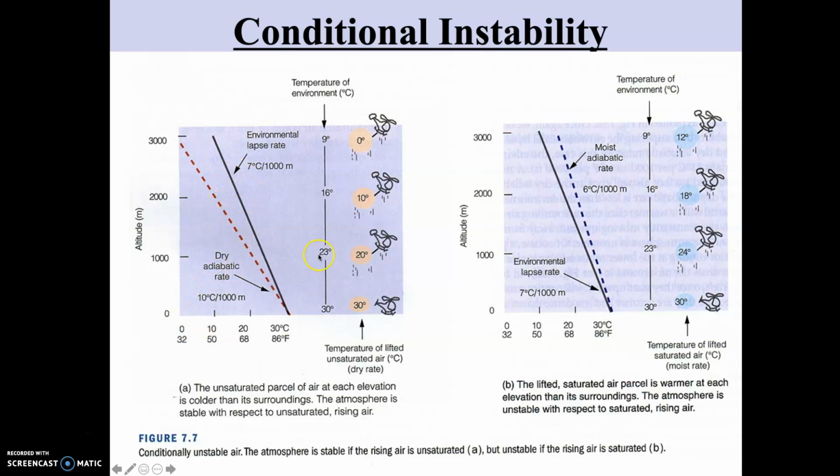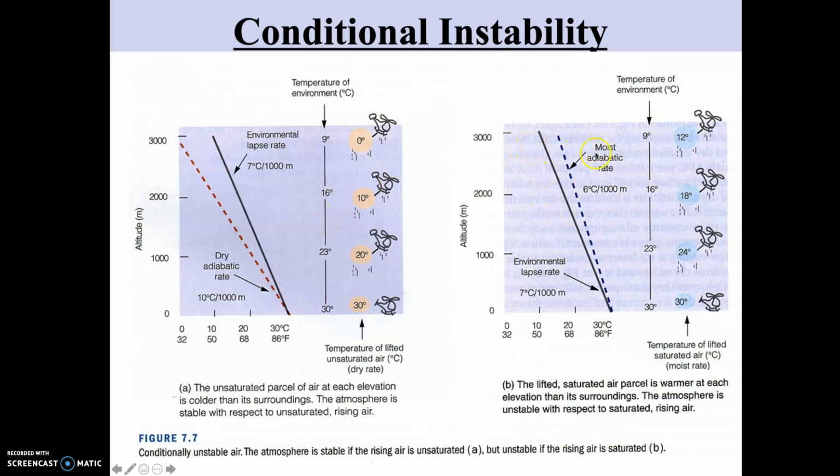When forced to rise at a dry rate of 10, it's colder than the environment. So again, starting at 30 degrees Celsius, it rises a kilometer. The environment is 23. The parcel, cooled at the dry adiabatic lapse rate, is 20. That's colder. It wants to sink. A dry parcel is stable.